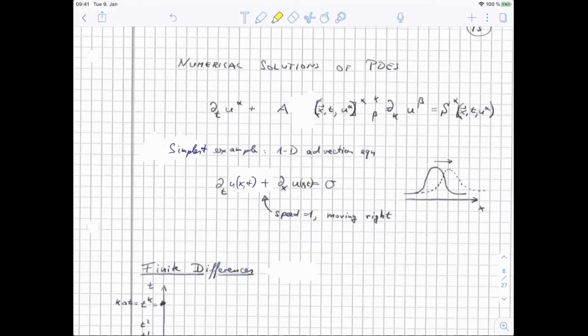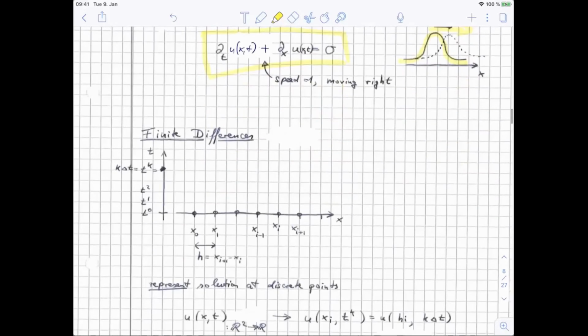I literally go down to the one-dimensional advection equation, d by dt of u plus d by dx of u equals 0, with u being a function of x and t. So the solution here is just a constant shape. You can pick whatever shape you want as your initial condition, and that shape just translates with uniform velocity to the right.